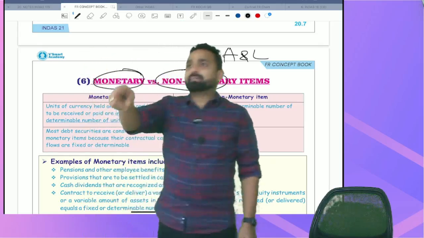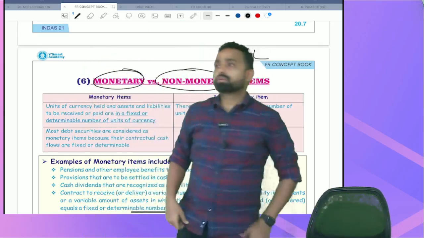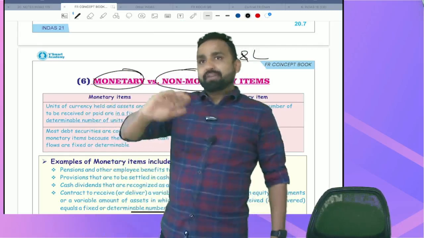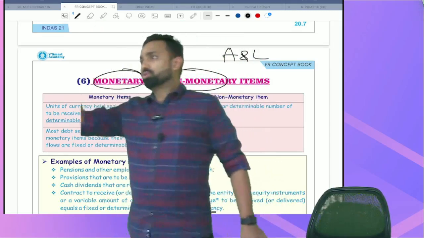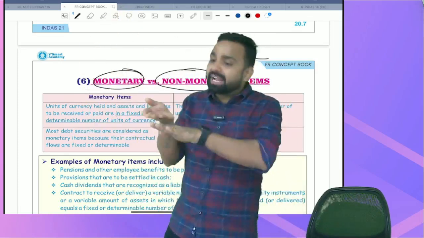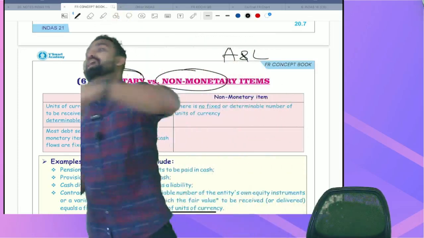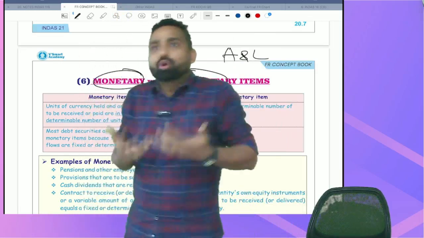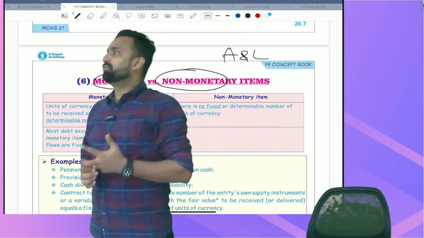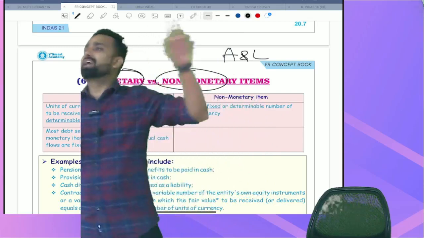Revalue the FCMI. Tell me, is it a gain or loss? Gain, of course. From 80 to 82, technically 2 rupees are increasing. I will get 50,000 fixed, but when I convert it, it will be converted at 82 now. So I will get a good amount. This is called exchange difference, and you transfer the exchange difference directly to profit and loss.